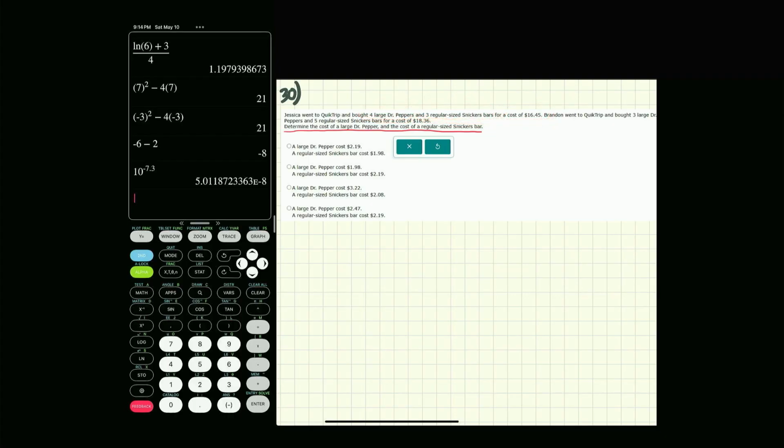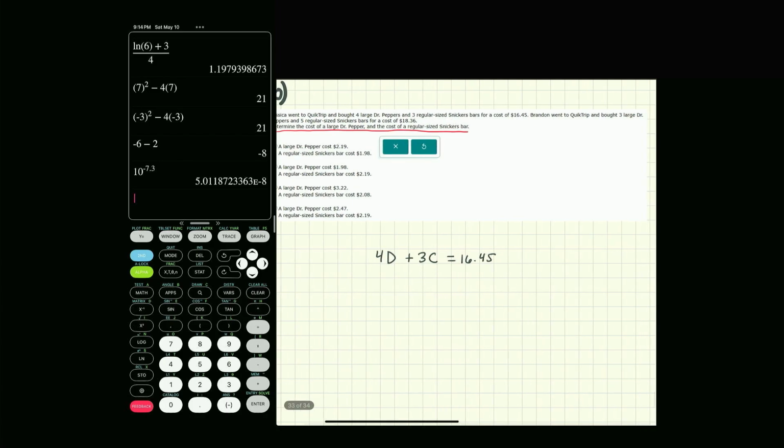So let me write that out. That's 4 Dr. Peppers. Maybe I'll use D for Dr. Pepper. And then 3 candy bars, so I'll do 3C for candy bars, equals $16.45.